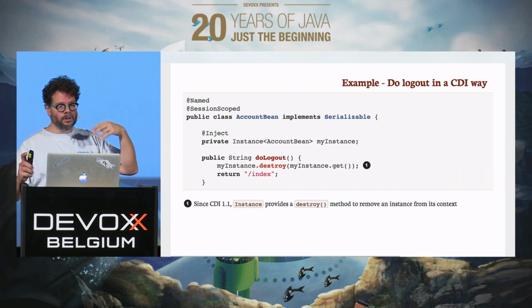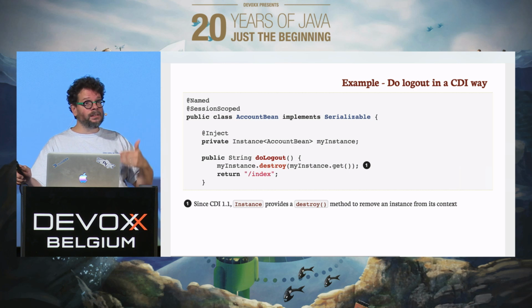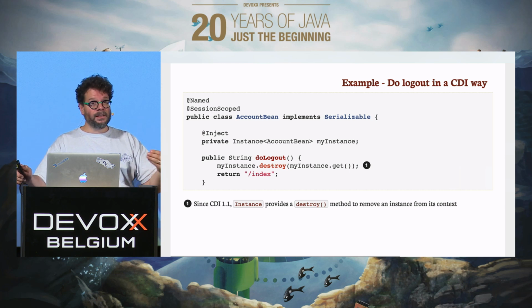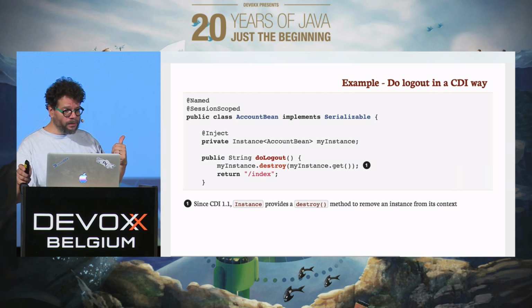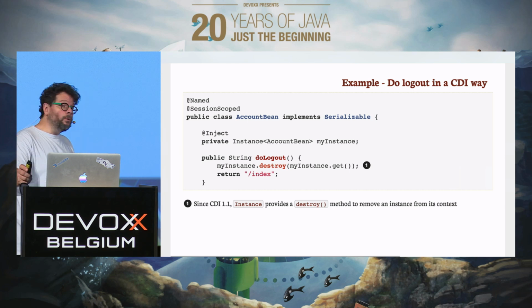So what you can do is, in a given bean, inject an instance of the bean itself. So here in the account bean, I can inject an instance of account bean. And I have this destroy method in the Instance interface, and I can give the destroy method an instance.